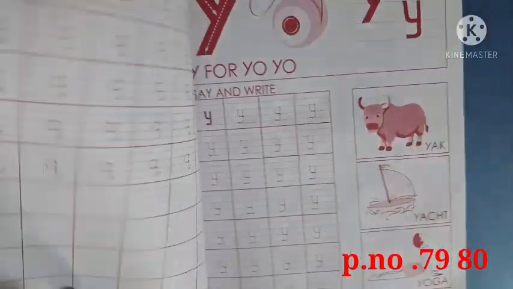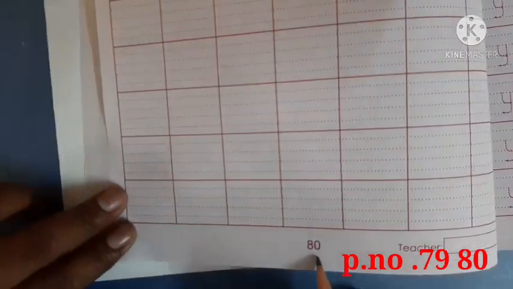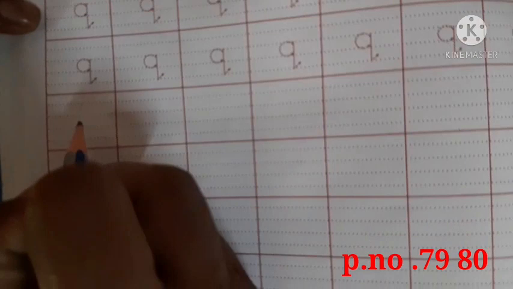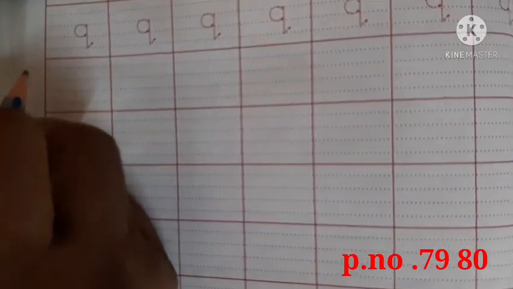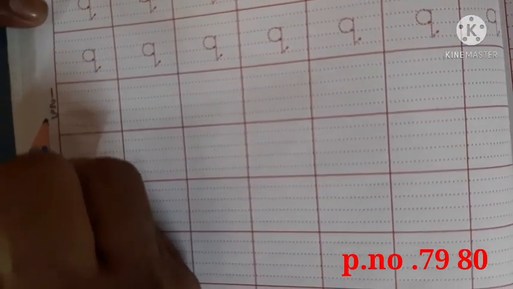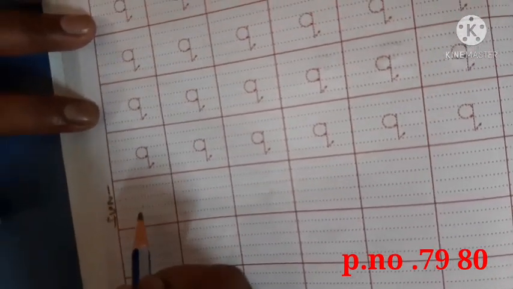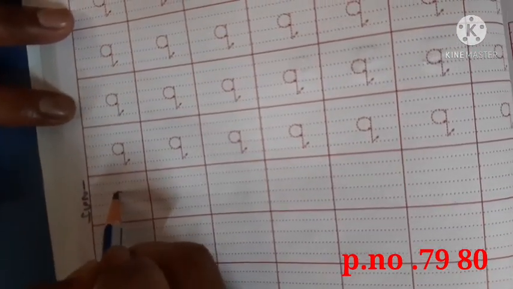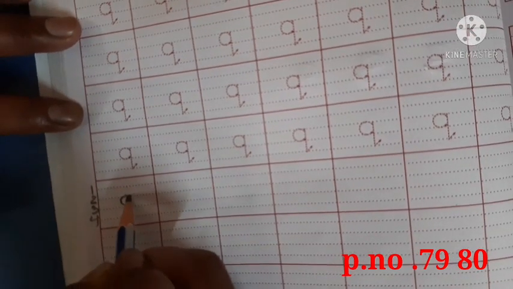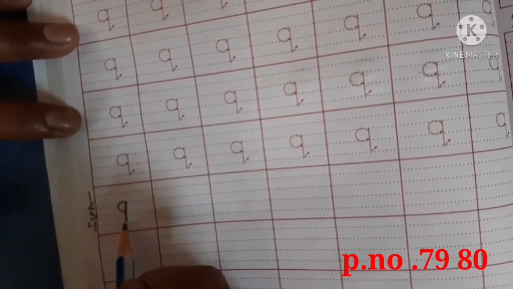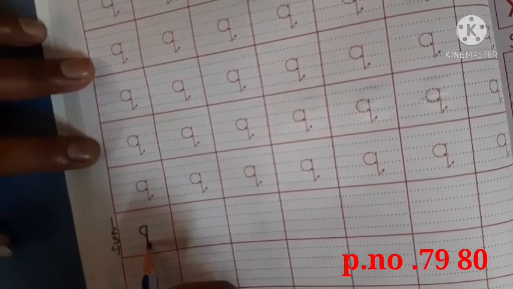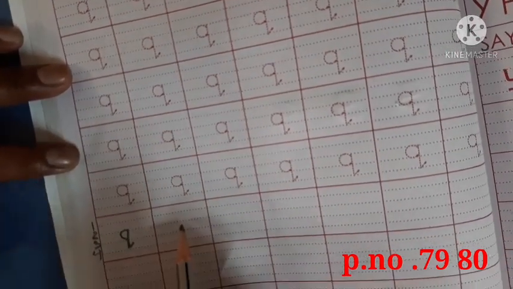Turn to page number 80. How to write small letter Q? Here 1, 2, 3 and 4 lines. We have to use only 2, 3 and 4. First, little curve, make standing line and little slant line.